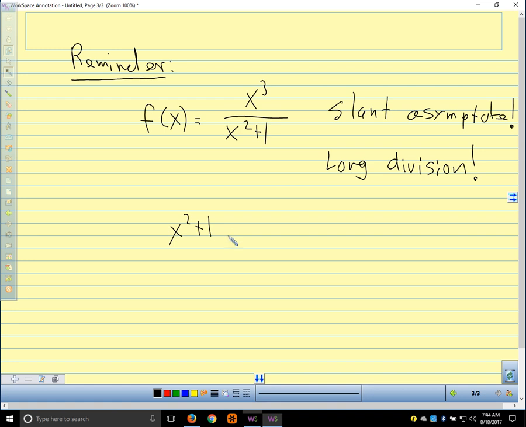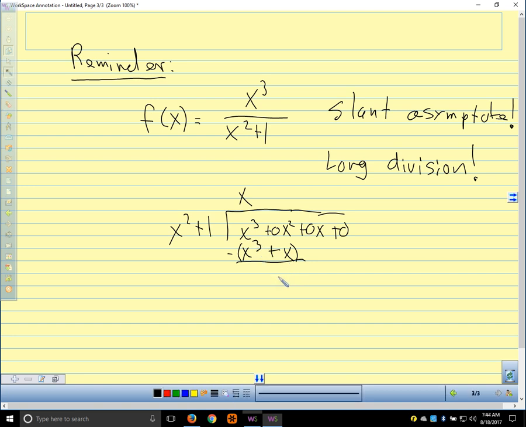So we're going to divide x squared plus 1 into x to the third plus, you could write 0x squared plus 0x plus 0. And what do we get? X. And then we subtract, right? But this should be an x to the third.